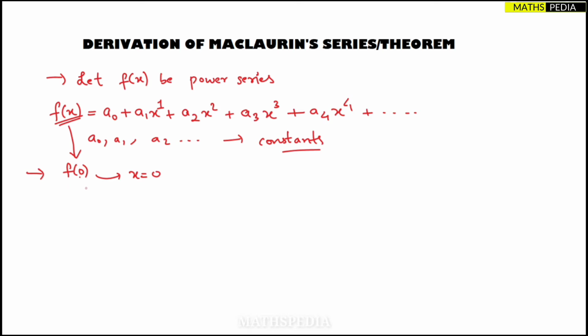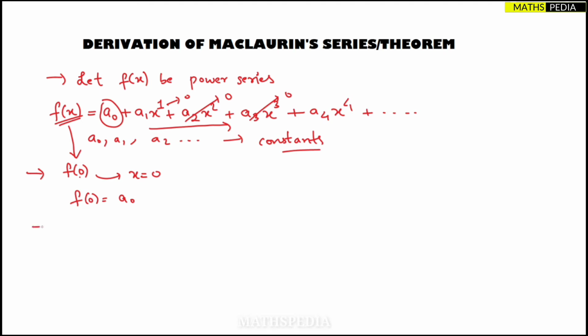That means in place of x you have to put 0. So if I substitute x equal to 0 in this series, what will be my answer? All these terms will become 0. Correct? So what is left out? F of 0 is equal to a0. Only this one will be left out because it is not containing any x term. So this is the f of 0 value.